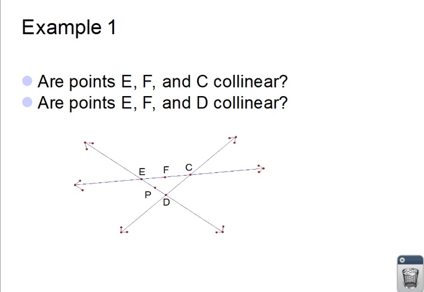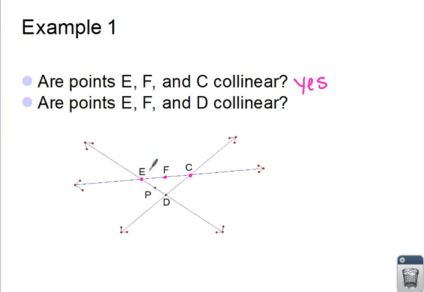All right, our first example of the year. Are points E, F, and C collinear? So if we look at E and F and C, are they collinear? And the answer would have to be yes, because they're all on the same line.